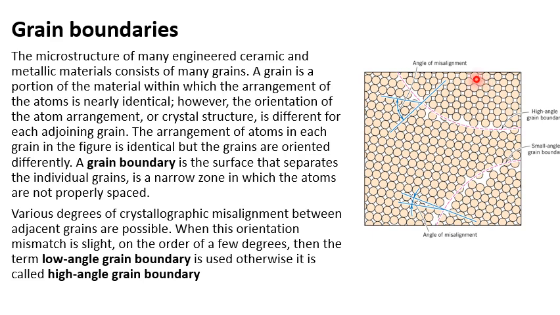But if it is high, like the misalignment between this grain, which is in that direction, and this grain, in that direction, the grain boundary is called a high angle grain boundary. And obviously, the energy of high angle grain boundaries is higher than the energy of low angle grain boundaries.